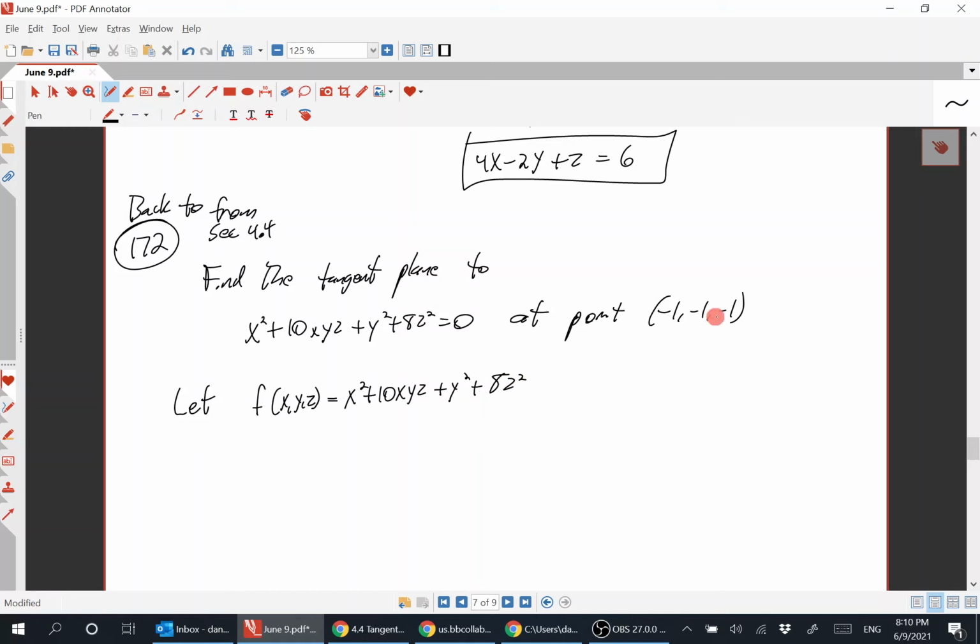The point -1, -1, -1 is on the level surface f of x, y, z equal to 0, which is f of -1, -1, -1. So the normal vector for the tangent plane is just the gradient.